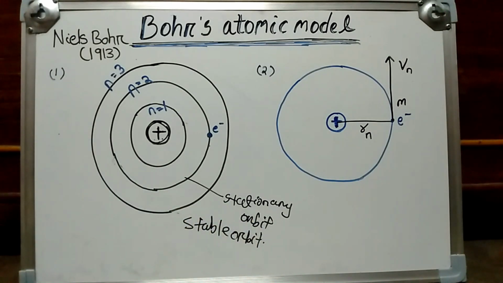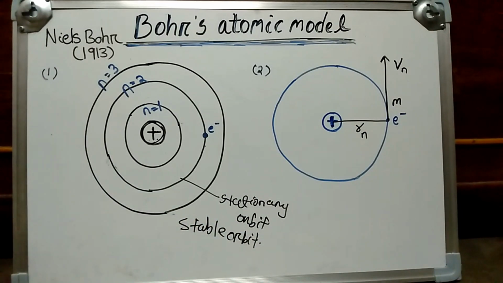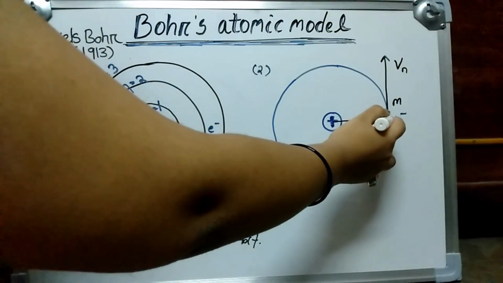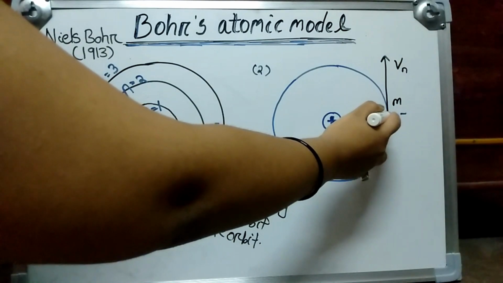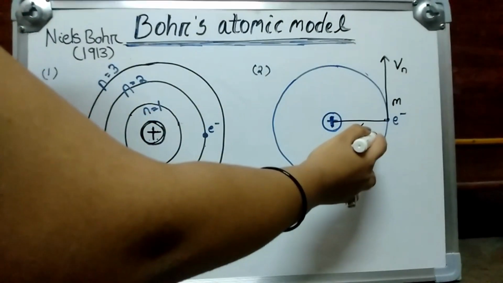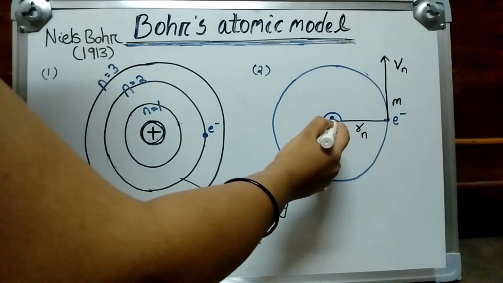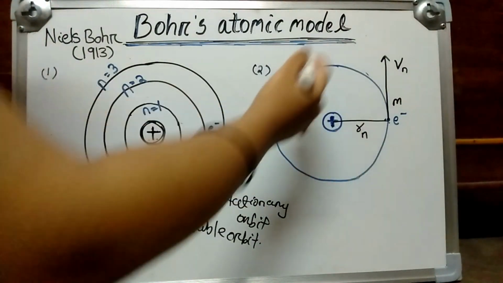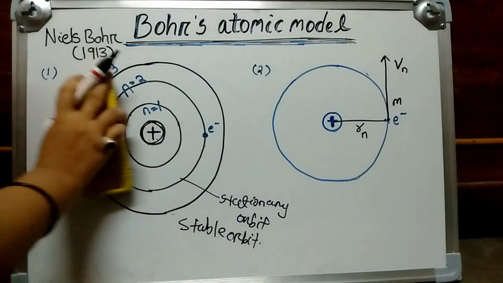And the second postulate is, as the electron revolves around the nucleus, the centripetal force required by the electron for revolving around the nucleus is provided by the electrostatic force of attraction between nucleus and electron. So for this concept, we go to the formula.